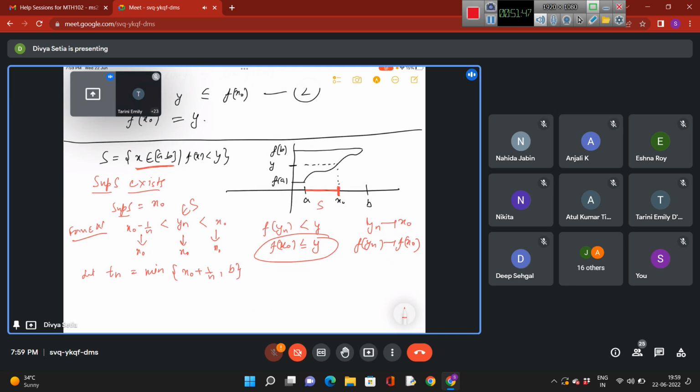So you created a sequence from this side, because you have already used the other side. Now you want to create a sequence from this side coming to x naught. So you created the sequence t1, t2, and so on, coming to x naught. Since the minimum is b, all the points are b, and then you created this sequence.